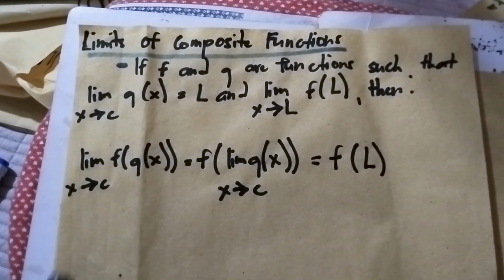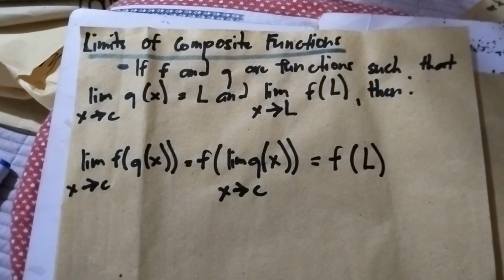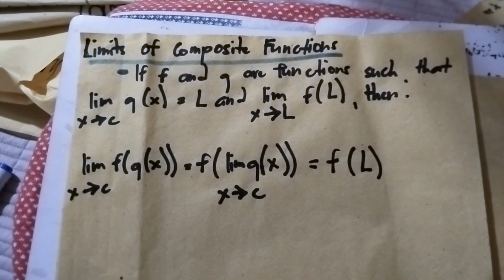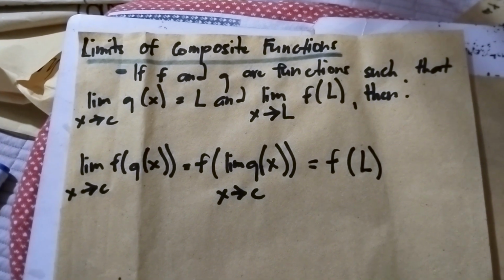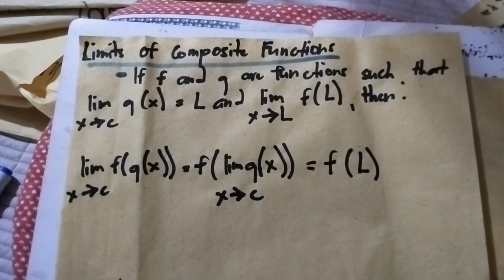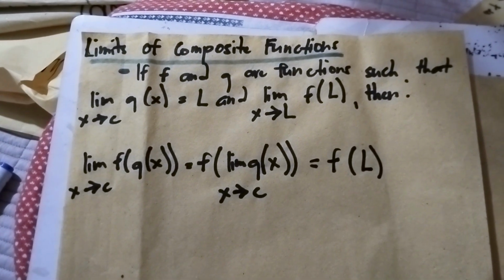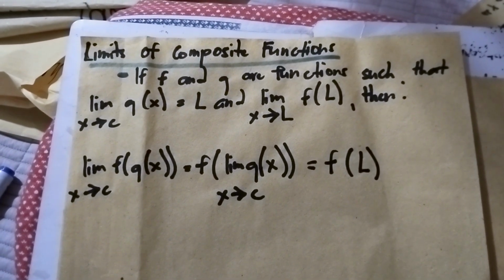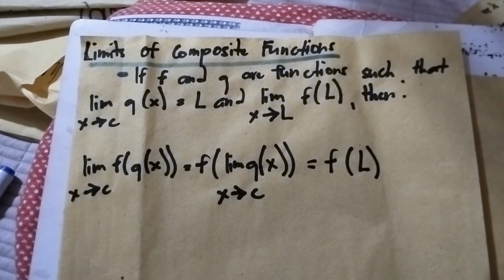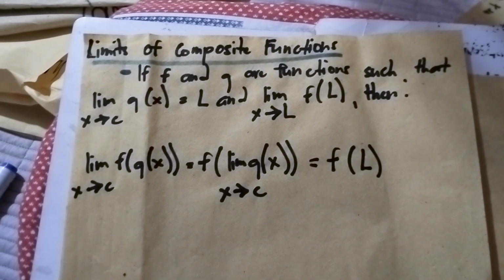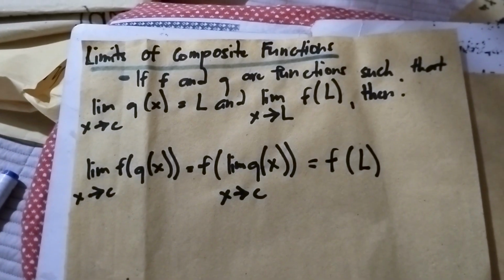It states that if f and g are functions such that the limit of g of x is equal to L as x approaches c, and f is continuous at L, then the limit of f of g of x as x approaches c is equal to f of the limit of g of x as x approaches c, which is further equal to f of L.